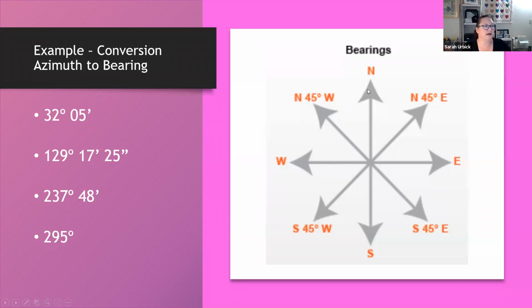So we start at north and go clockwise, which puts us in the northeast quadrant. Since we haven't passed the 90-degree mark, we haven't passed due east, we are at north 32 degrees, 5 minutes east.